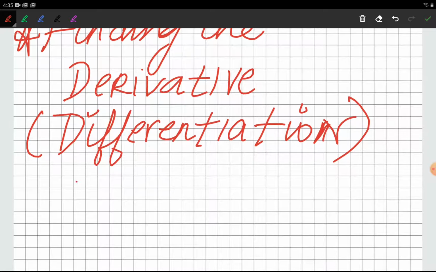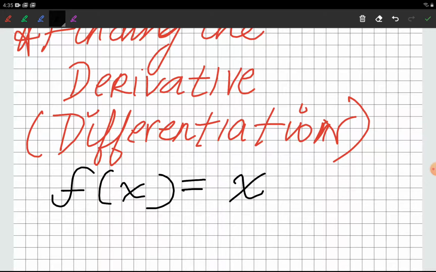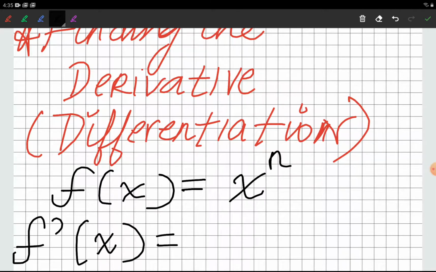And let me just refresh your memory of what the formula is. If I have a function x to the n power, then the derivative of that function is n times x to the n minus 1 power.